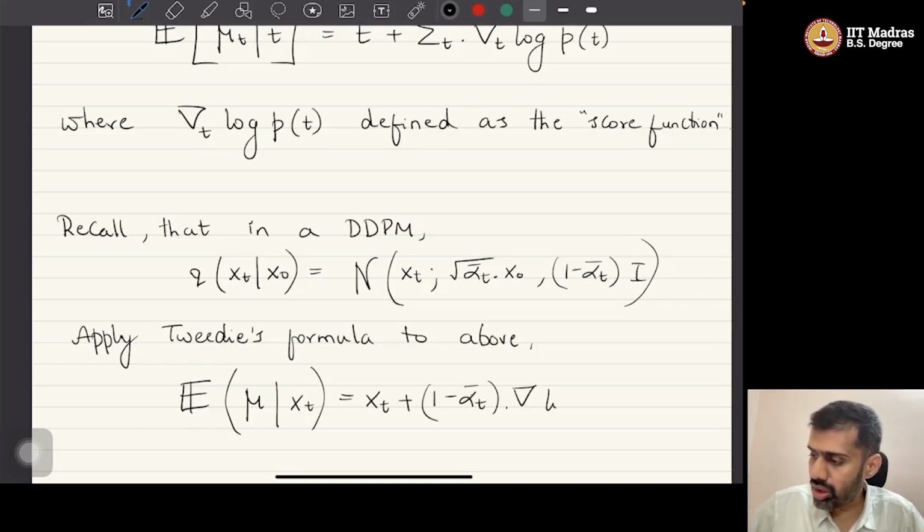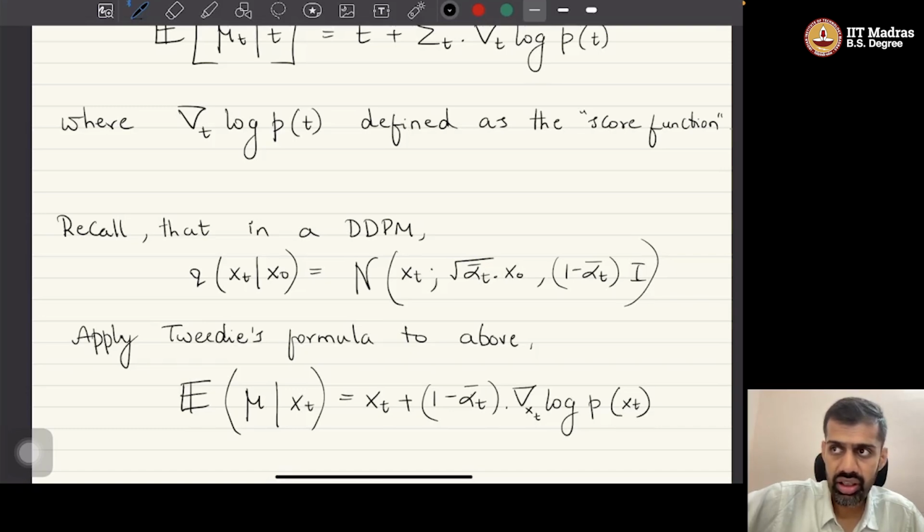The score is the gradient of the log of the distribution we are talking about. This is p of x_t, and the derivative is with respect to x_t, right? So the derivative is with respect to x_t now.